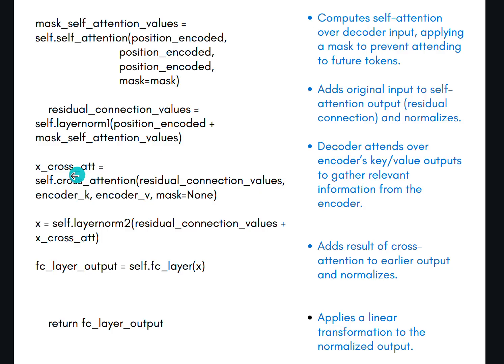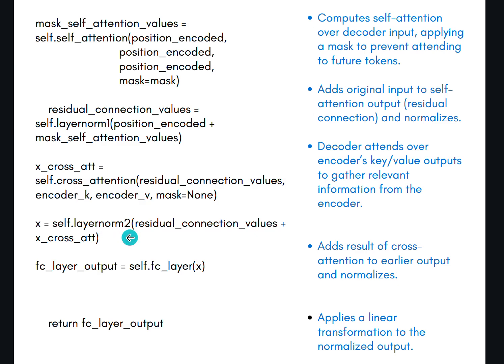Then you can pass this to the cross attention, or the encoder-decoder attention. As I mentioned, key and value come from the encoder and the query is from the decoder. So encoder key, encoder value, and the residual, which is the query, residual connection values, and mask equals none. Definitely no masking at this cross attention.